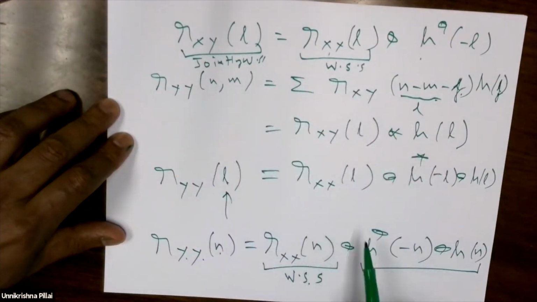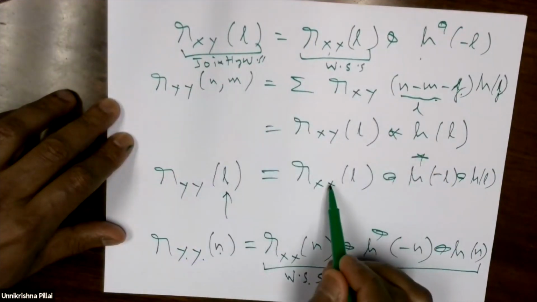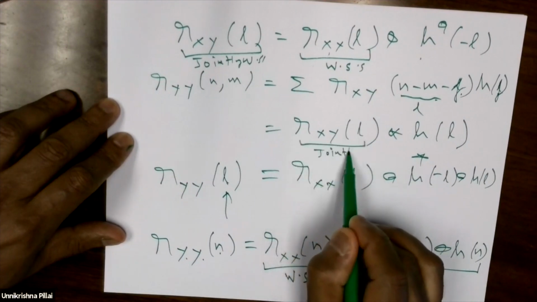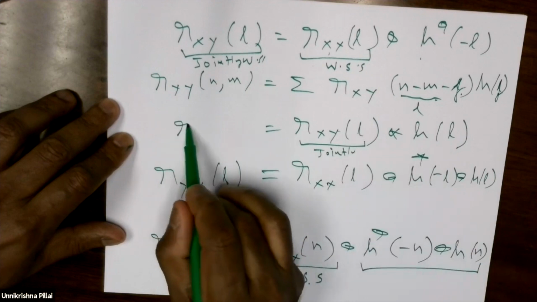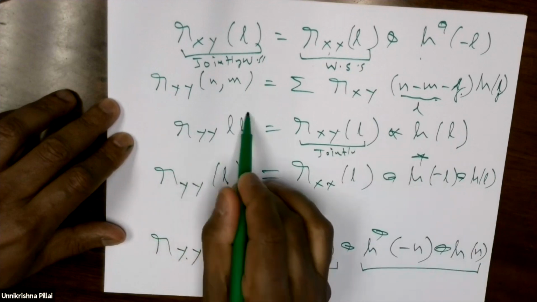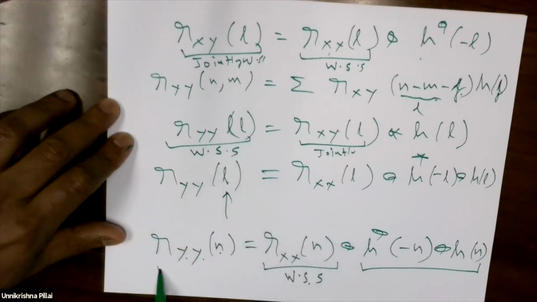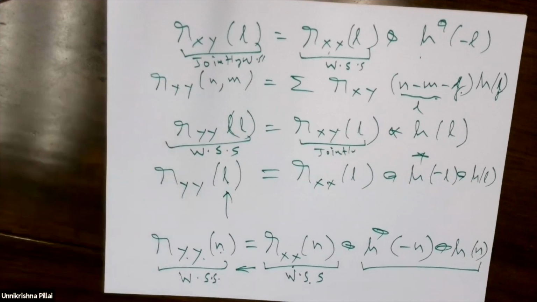And if it is jointly wide-sense stationary, then the whole thing is wide-sense stationary. So this becomes RyyL, is also wide-sense stationary. So wide-sense stationary at the input means wide-sense stationary at the output, and this is the relation.